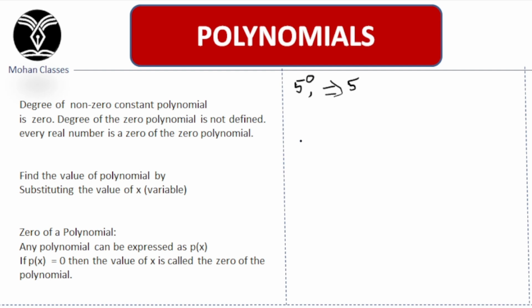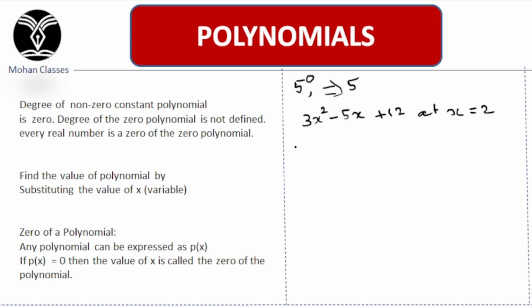Now we have to find the value of a polynomial by the substitution method. Suppose you have a polynomial 3x squared minus 5x plus 12 at x is equal to 2. If it is a question like that, you have to find the value of the polynomial by substituting x is equal to 2.